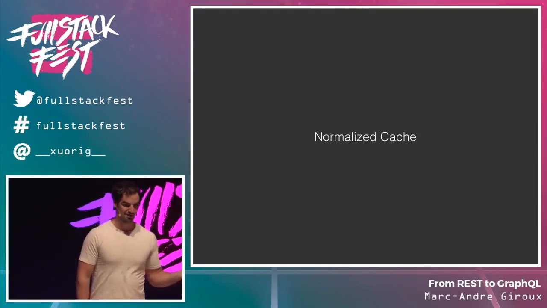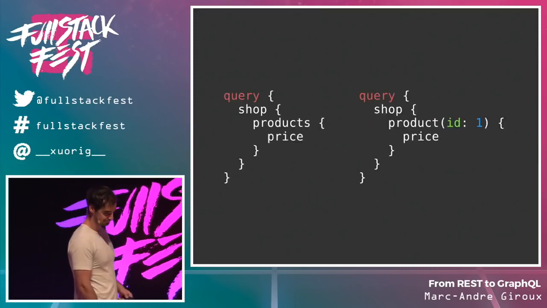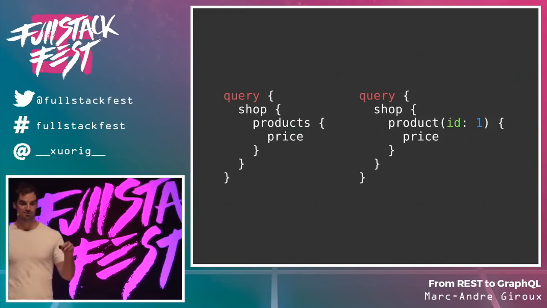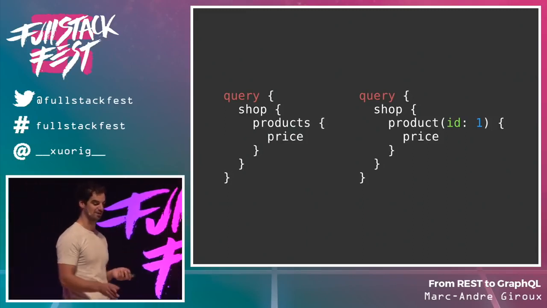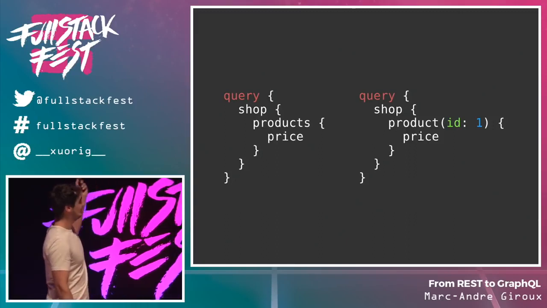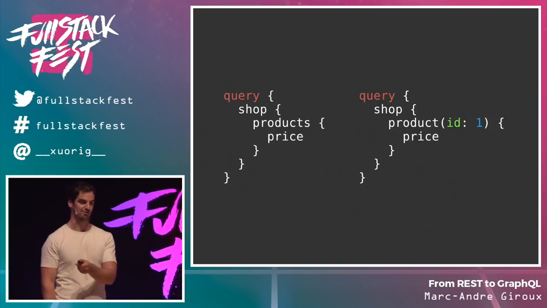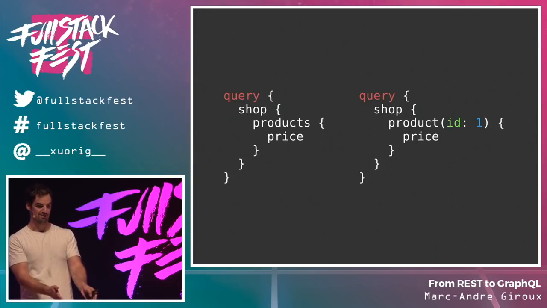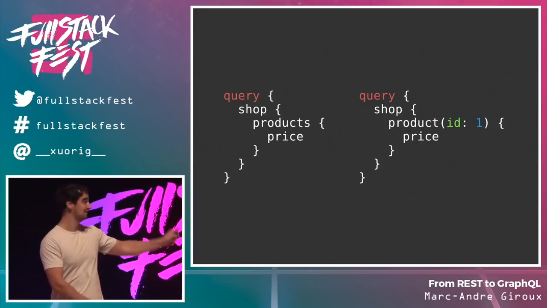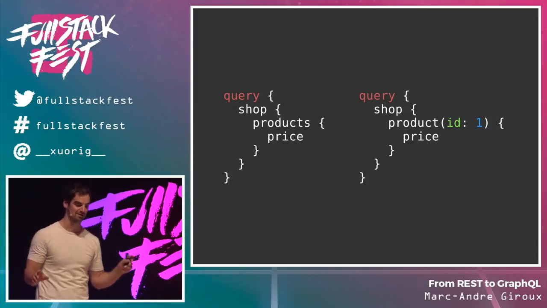What we build for GraphQL usually is a normalized cache. And by normalized, I mean, imagine if you stored in your cache the same shape as you received in your responses. Imagine I query all products with their price, and I query one product, ID 1, with its price. If I stored it in their original shape, the product with ID 1 in the first query and this product with ID 1 would be in separate places, right?